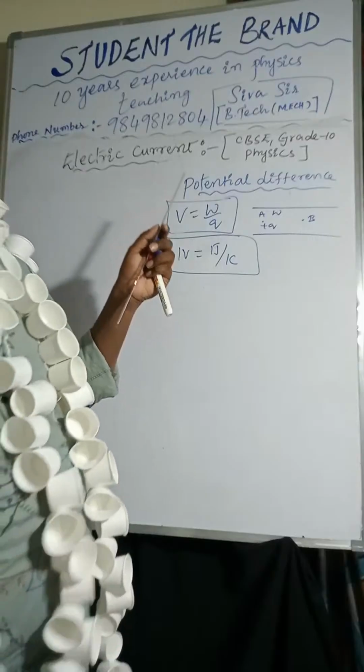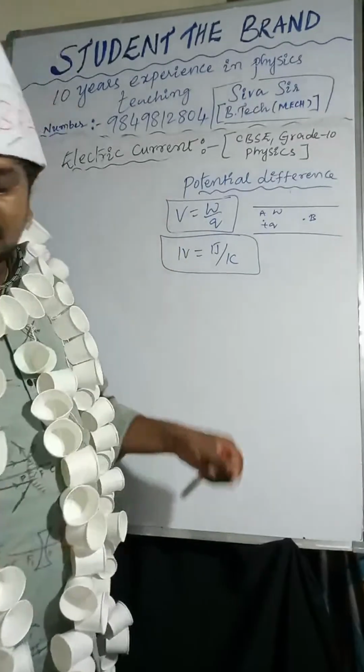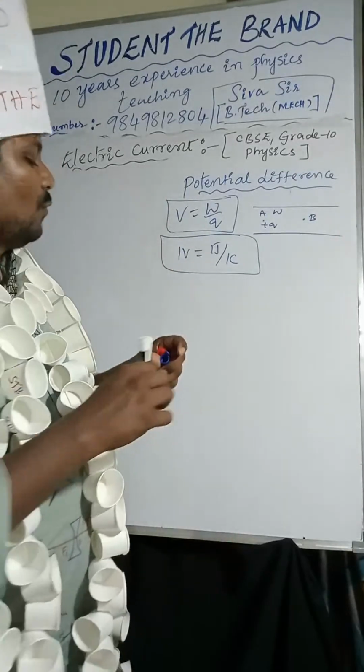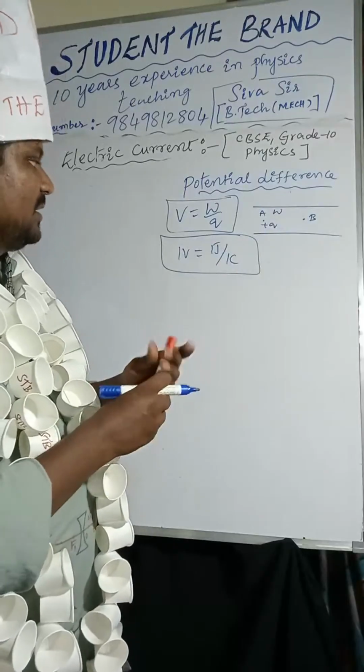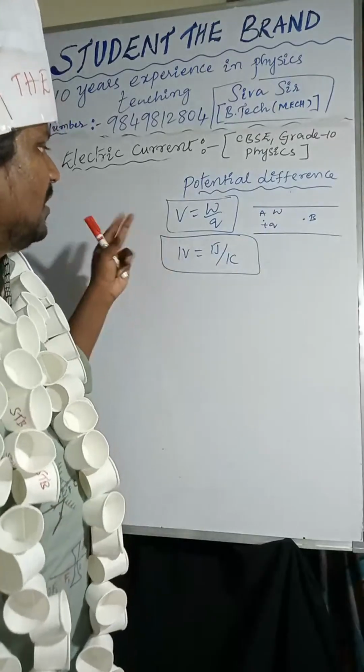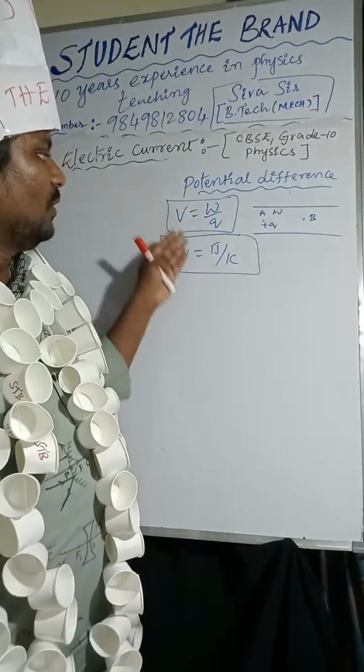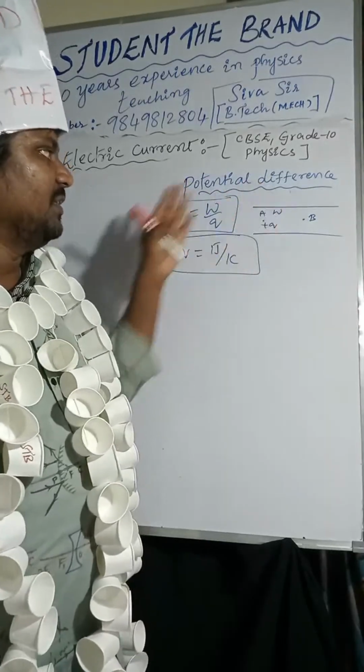So here you can see we are doing work. What is 1 volt? 1 volt is defined as 1 joule of work done to bring 1 coulomb of charge from one point to another point within the conductor.